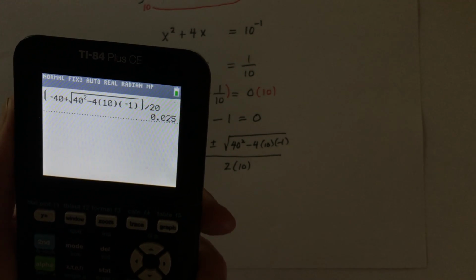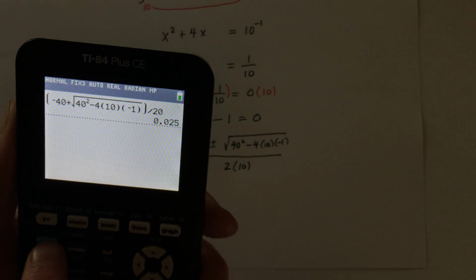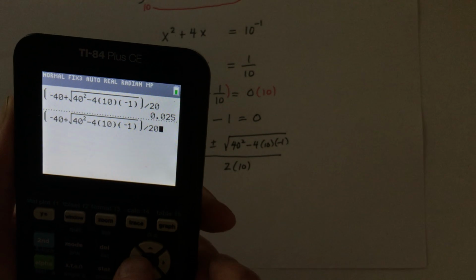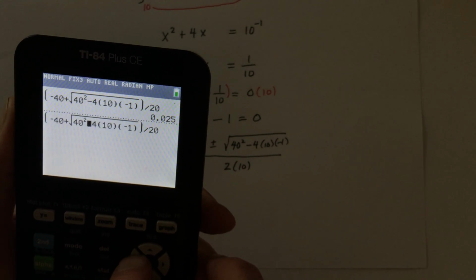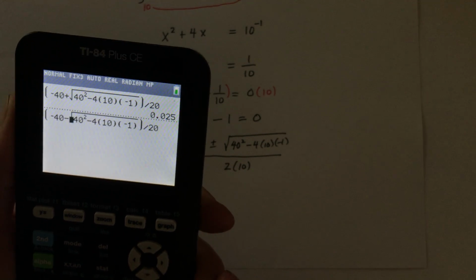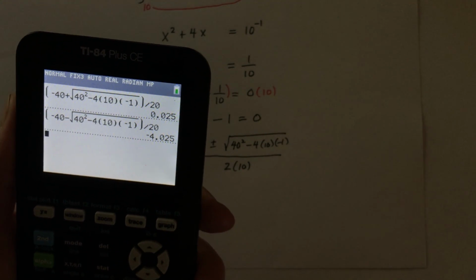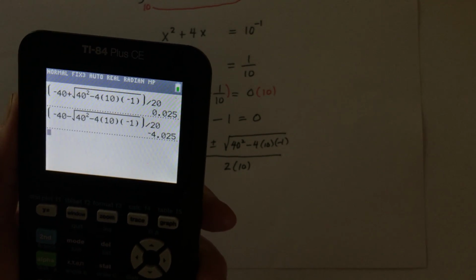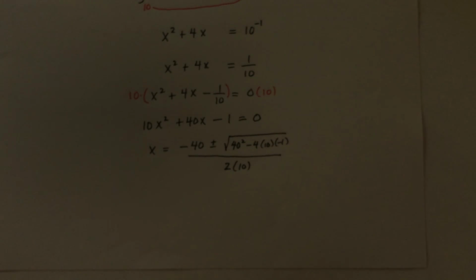All right, there's one answer. And now I need to redo that, so I'll just screen grab it and back up. And the quadratic formula has plus or minus, so now make that minus. So there's my two answers, 0.025 and negative 4.025.